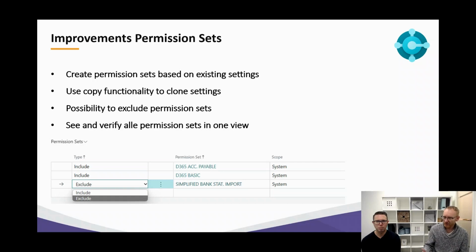Besides that, you have the option like we have in the screenshot. You can exclude a permission set. So you can create a new permission set that includes all kinds of permissions, and then you say, I want all this functionality, I want the user to do all these modifications, but not, for instance, the things that are related to item management. Then you can exclude the permission set for item management, and that's really powerful.